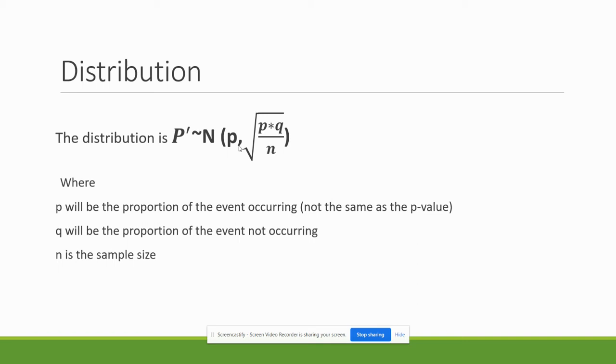Distribution. Okay, we've seen distribution before. This one's just a little different. We use a capital P with that little hat at the top, approximates the normal, where the mean is P, and remember P for this is the proportion of the event occurring, not the p-value, and Q will be the proportion of the event not occurring. So how do we do that?